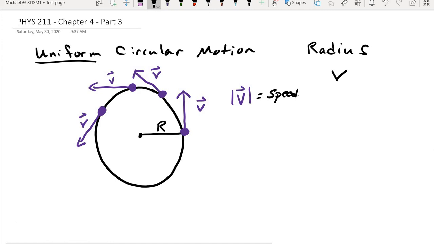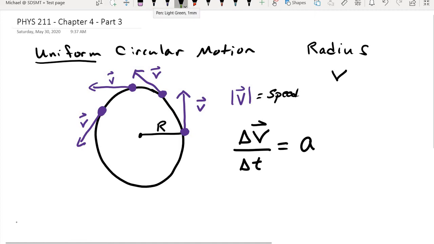And the last thing that we're going to have in this picture, because we have a changing velocity, so any change in velocity, whether it's a numerical change or a change in direction, it's still a change in velocity. And so if we look at how that change in velocity occurs with respect to time, then that means that there is an acceleration in this system.